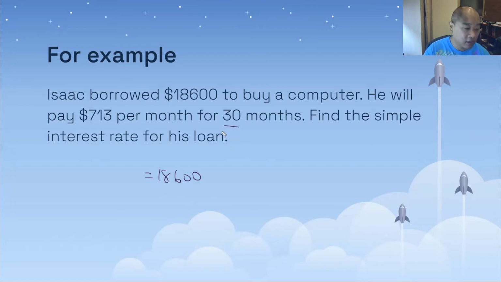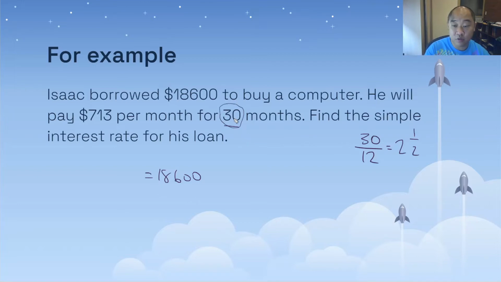So as you can see here, this is 30 months out of 12 months in a year, right? So this is 2.5 years, right? So how I did that was, we need to find out how long 30 months is.